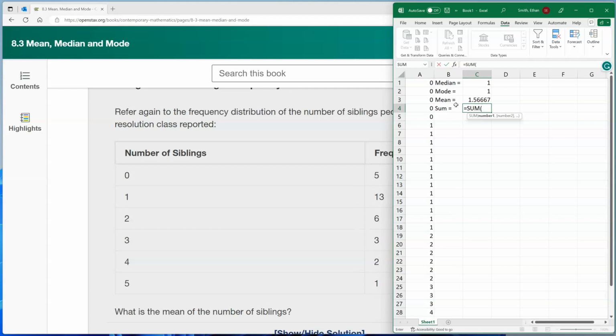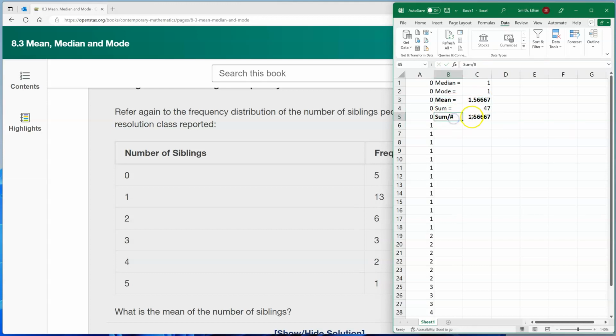You don't have to do it this way, but the sum is 47, and then if we do the sum divided by the number of things, there were 30 things, and you can see how those match.